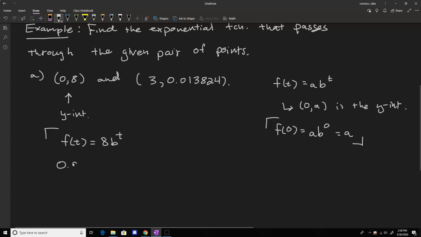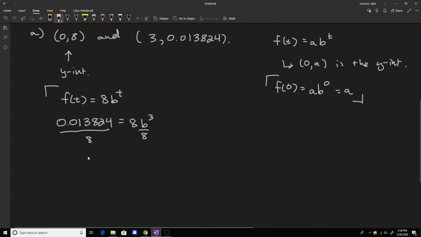So we get 0.013824 equals 8 times b to the third power. Then to solve this, we divide by 8, which comes out to 0.001728, and that's equal to b to the third power.